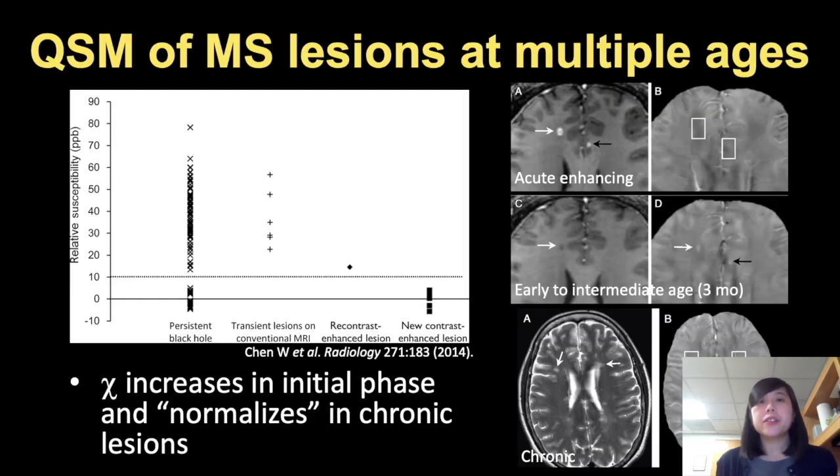Finally, in terms of other tissue contrasts that can inform about lesion status and particularly the presence of chronic inflammation. So quantitative susceptibility mapping, or QSM, reveals the magnetic properties and has sensitivity to iron and myelin in white matter. So in the longitudinal measurements of QSM, the consensus of various studies is that the susceptibility of lesions increases in the initial phase and then essentially normalizes in chronic lesions.